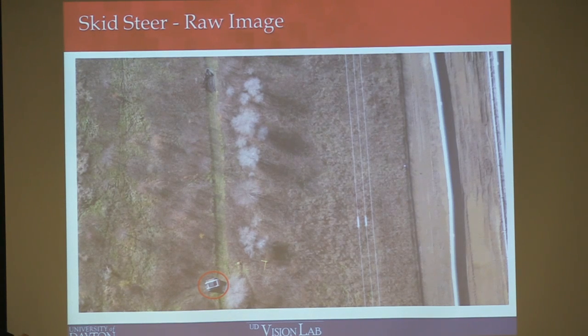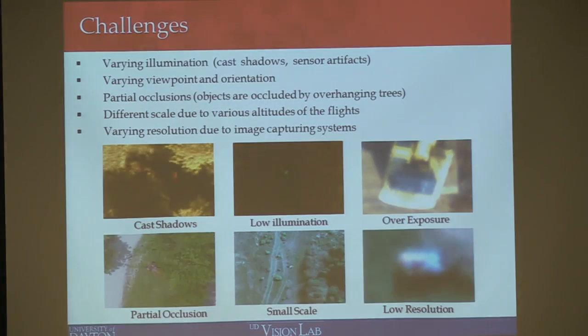Why I am showing this is because these are all captured by different aircraft, different sensors, different locations. So the colors will be different, the type of data which we are receiving will be different, the size of objects will be different, even because of the altitude of the flying aircraft with respect to the ground, and so on and so forth.